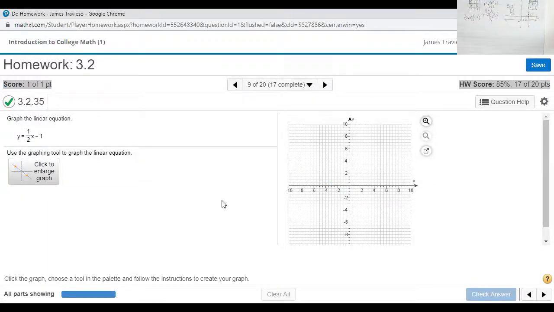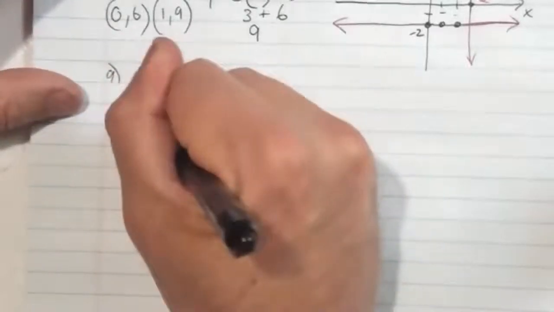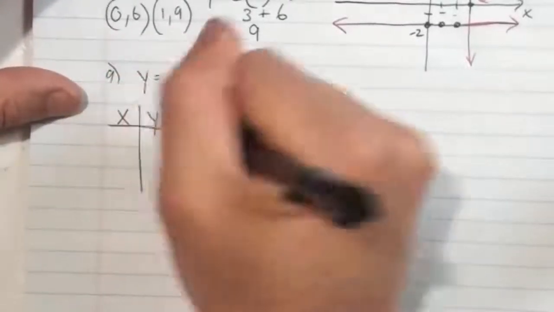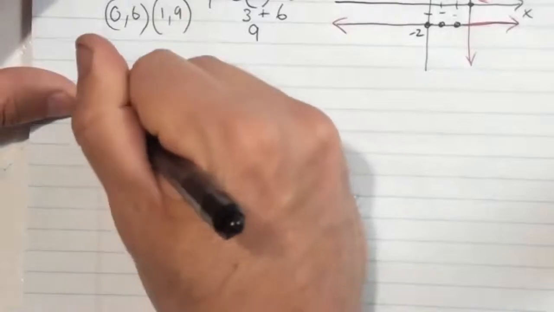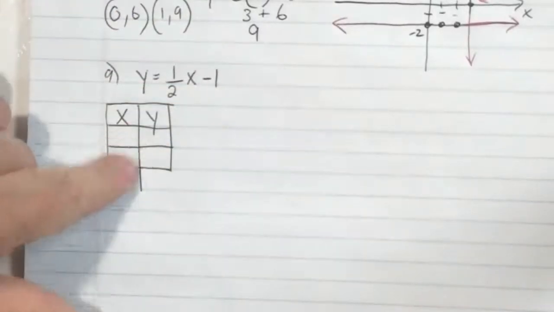Let's do a similar question. All right. So this is y equals 1/2 x, take away 1. It's not in what we call standard form, it's the y's by itself. So we're only going to pick x values.